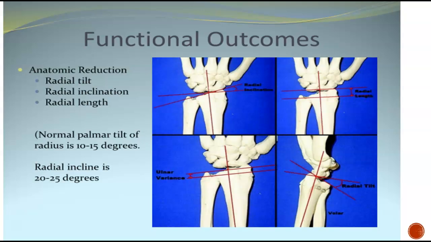So upon reduction, the physicians are looking at the amount of radial tilt, radial inclination, and radial length on the roentgenograms. Again, normal values for palmar tilt of the radius is between 10 and 15 degrees with an average angle of 12. And the normal values for the radial inclination or radial slant is established at 20 to 25 degrees with an average of 23 degrees.